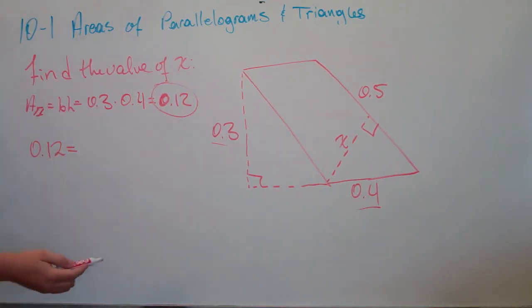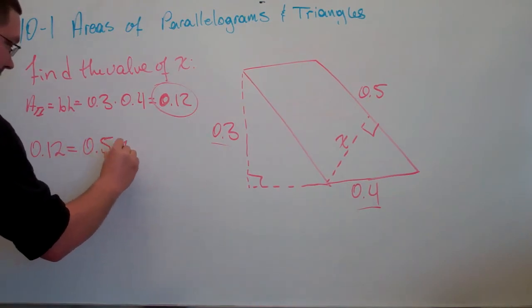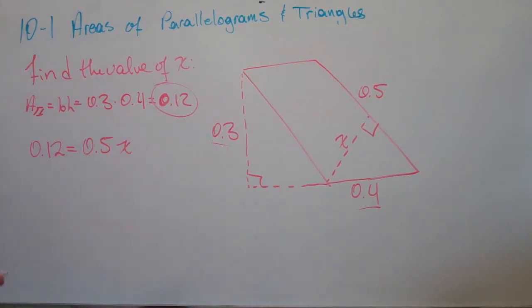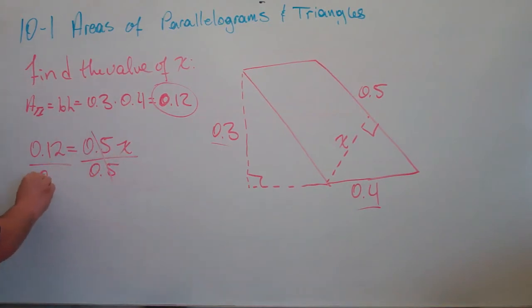Well, now to find x, we know that x and the 0.5 is a base altitude combo. So we're going to do 0.5 times x. Now divide off the 0.5.